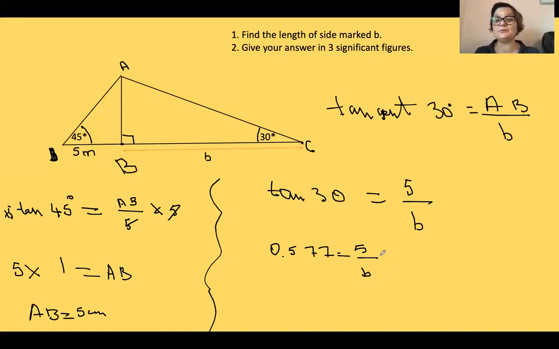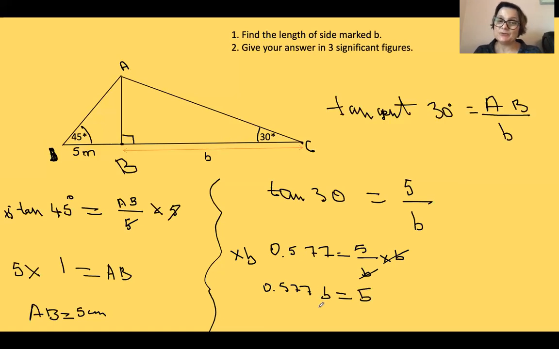To get rid of that, multiply by B both sides. So times B, times B, cancel them out, and so I'm going to have 0.577 B equals 5.